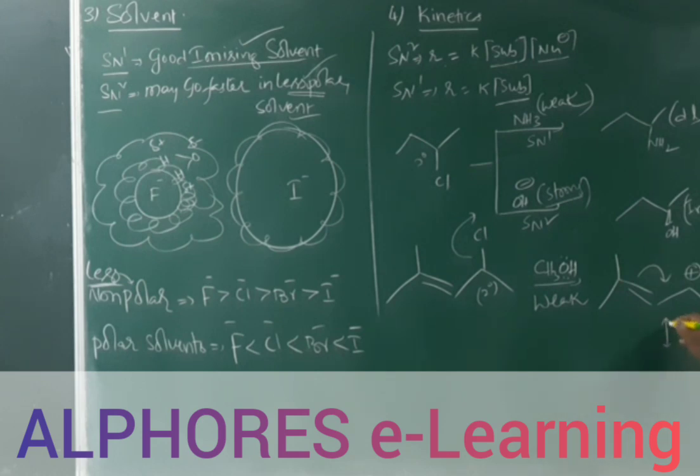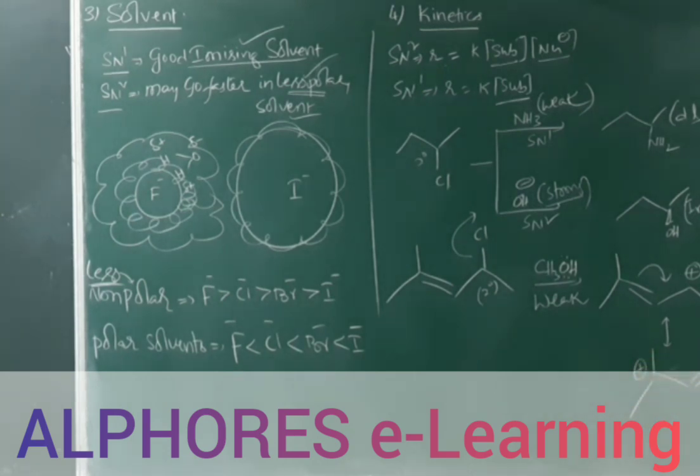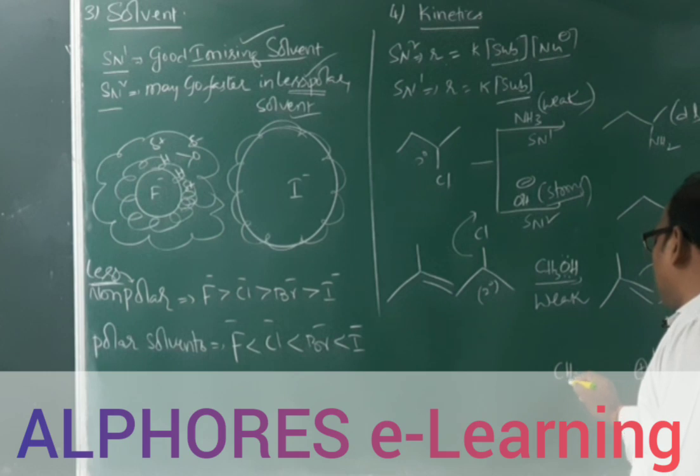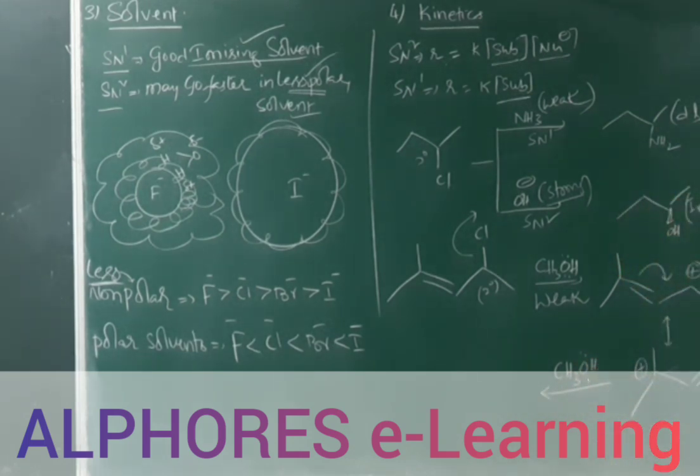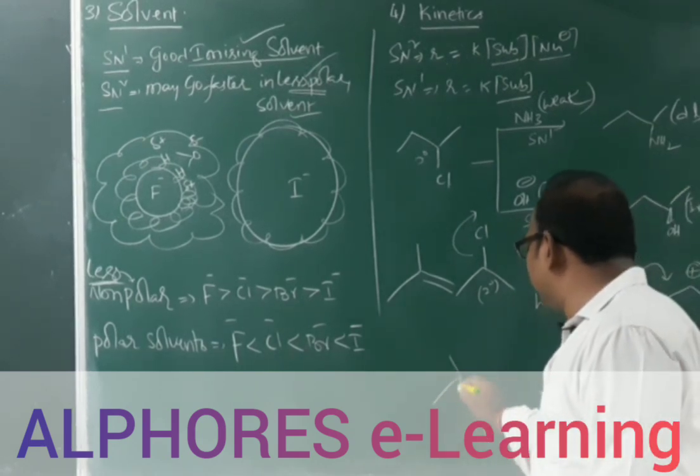Now, when it rearranges, one of its resonance structures has the carbocation here, but this carbocation is tertiary and allylic. Of these two, the tertiary and allylic one is more stable. Hence methyl alcohol, a weak nucleophile and solvent molecule, comes and attacks this one, and this product, with OCH3, will be the major product.